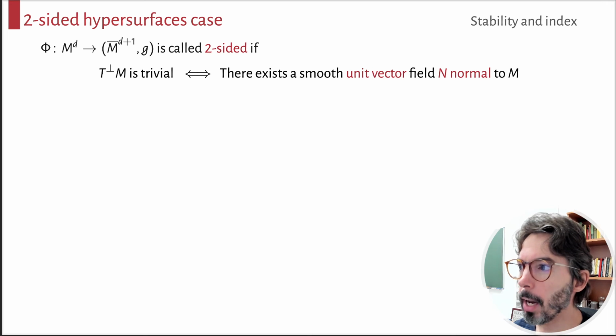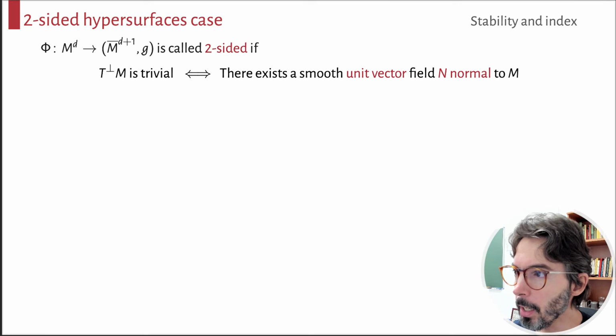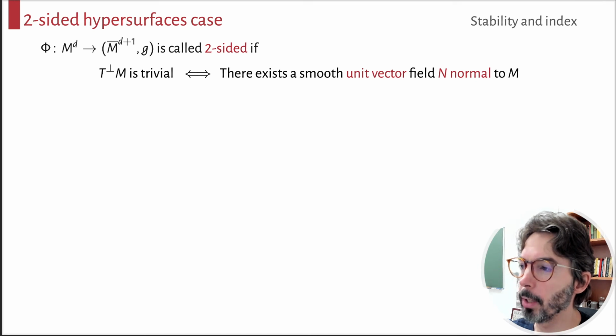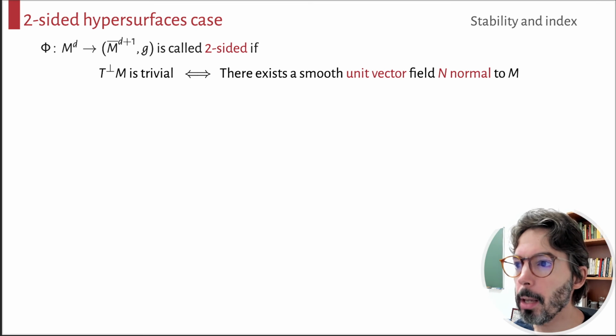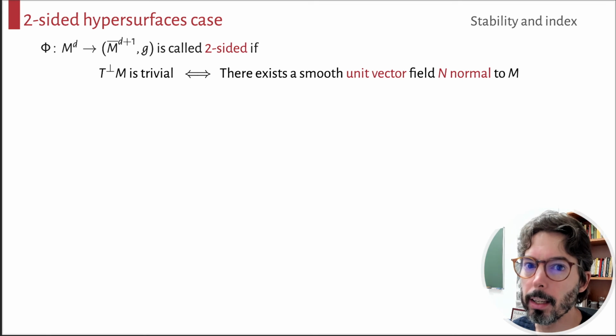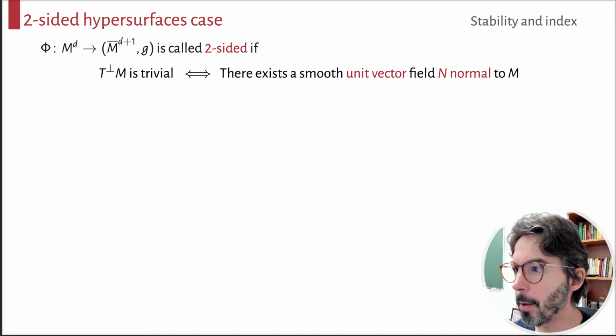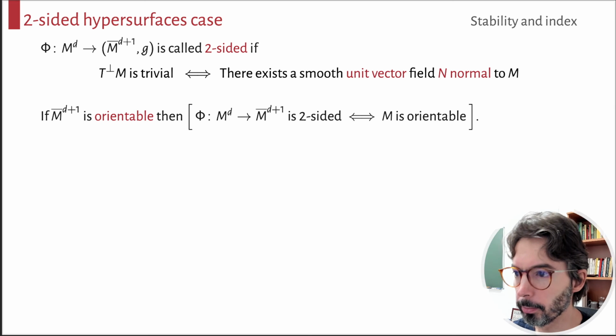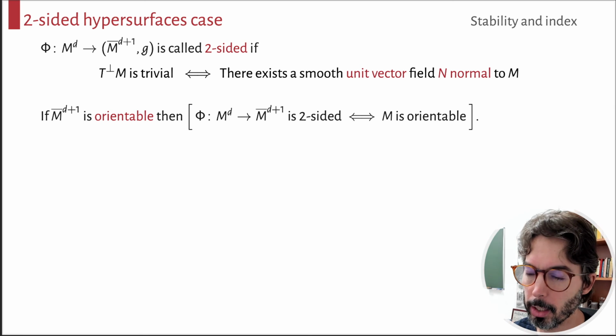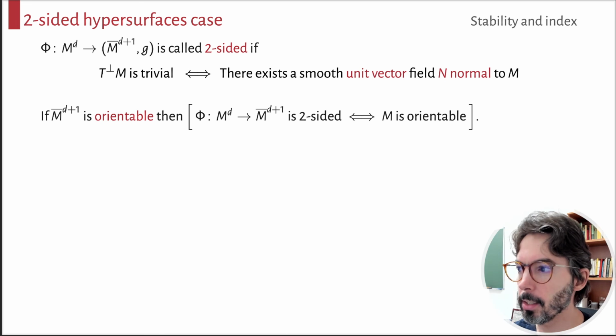Okay, in the two-sided hypersurface case, which will appear in the next part of the talk, it's interesting because if our manifold is a hypersurface which is two-sided, that is, the normal bundle is trivial, that is, we can find a global smooth unit normal vector field to M, then this notion is equivalent to being orientable if the ambient manifold is orientable, but it is not the case if the ambient manifold is not orientable.